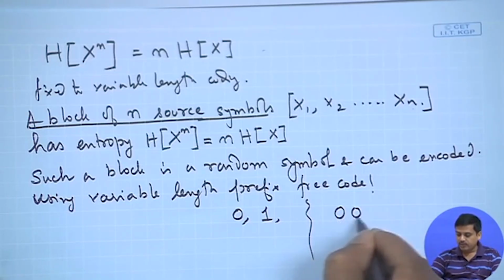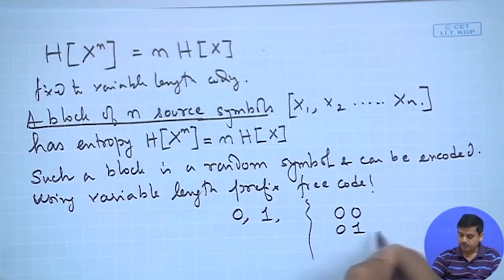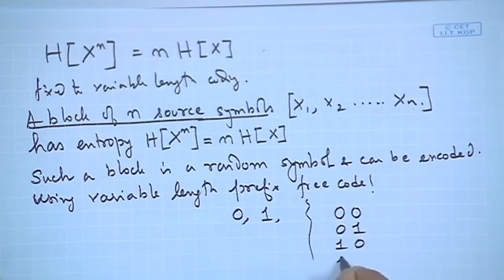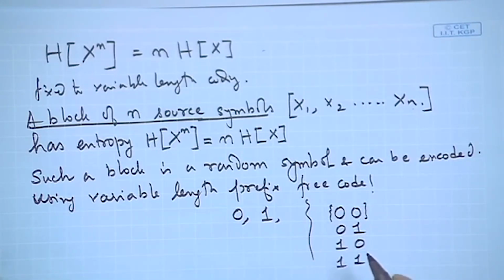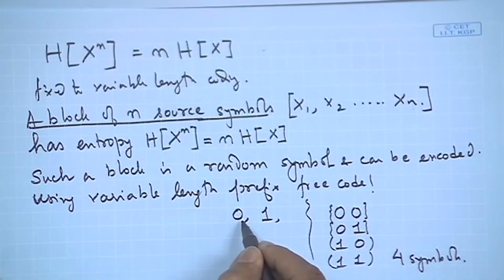I would take 00 as my new symbol, I would take 01 as my new symbol, and so goes 10 and 11. So, in this new case we have 4 symbols, and we would like to encode these 4 symbols which have come from the original source.